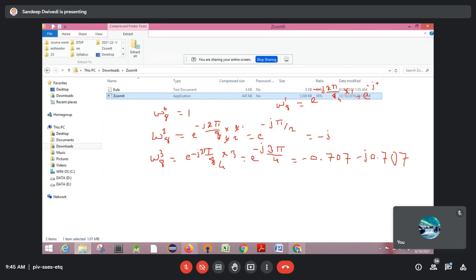If you calculate cos pi by 4 minus j sin pi by 4, this value will be the same thing, 0.707 minus j 0.707.